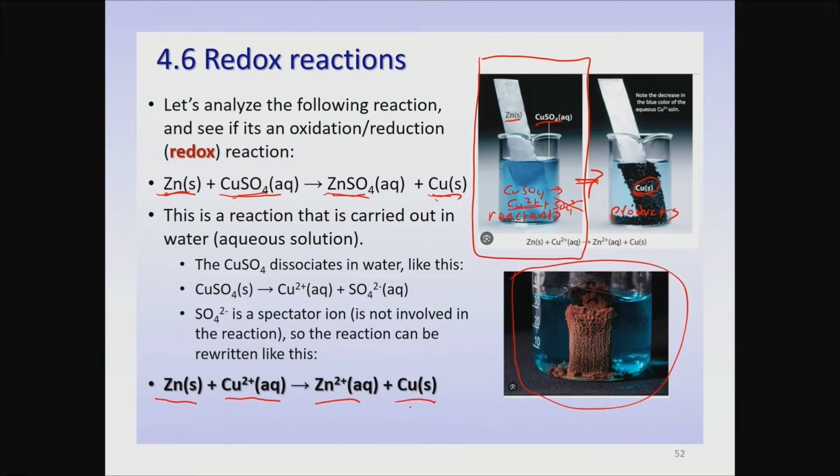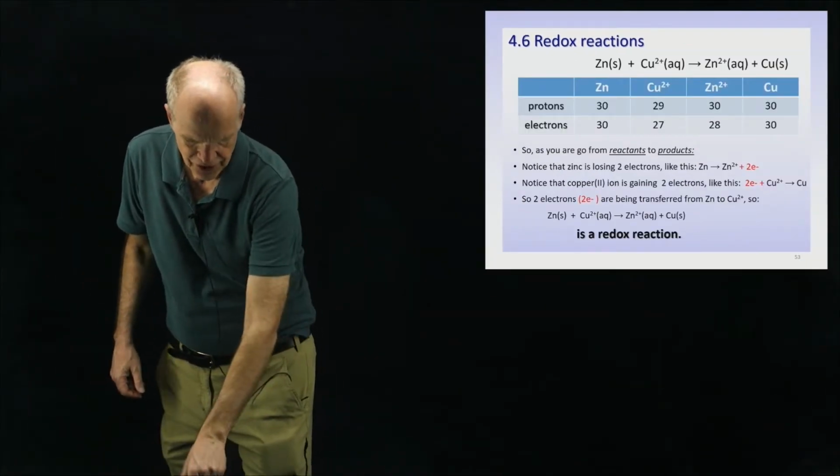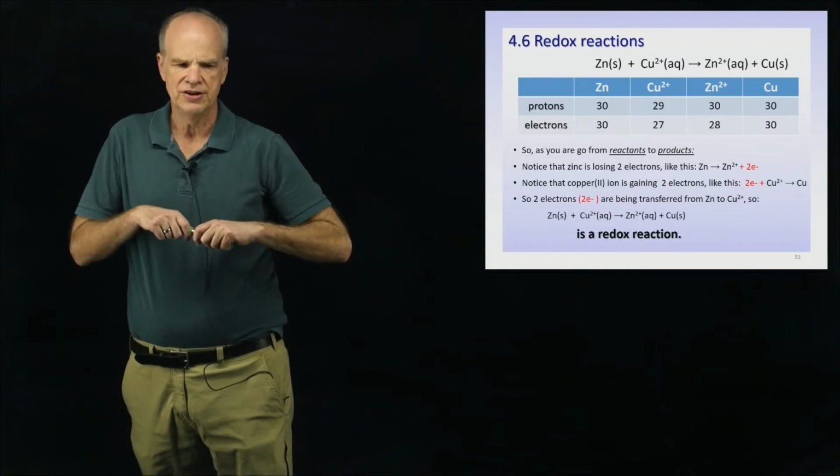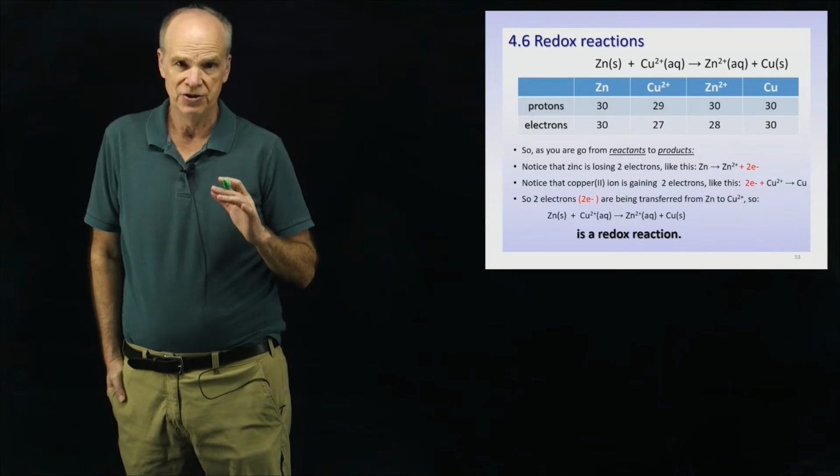Now I want to go back to the glass board and talk about why this is a redox reaction. First let me write out this reaction on the glass board. To make my life a little bit easier, I'm going to leave out state symbols when I'm writing this.